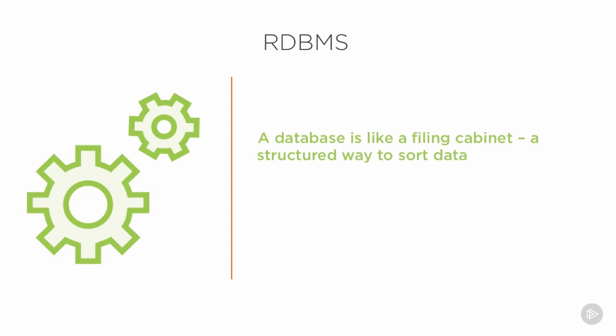As we know, a database, just like a filing cabinet, is a very good structured way to sort data. And this is done through the use of a primary key. A primary key is a unique value that identifies every record within a database. The primary key cannot be duplicated, and of course it cannot be left blank.